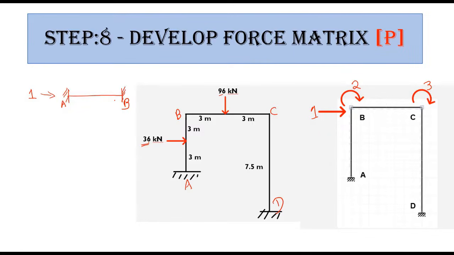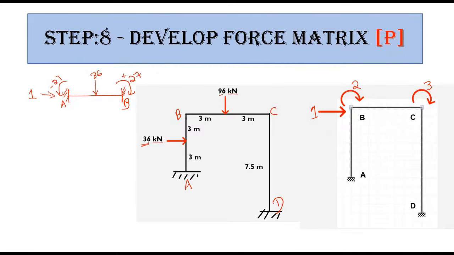We found the fixed end moment of AB in step number 4. That was minus 27 here and plus 27 here. A positive value is taken for clockwise moment and a negative value for anti-clockwise moment, and we have 36 kilonewton.